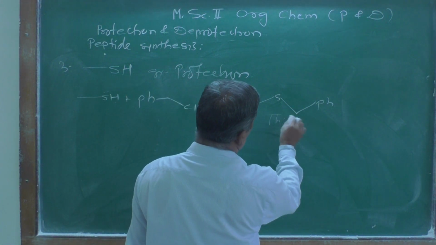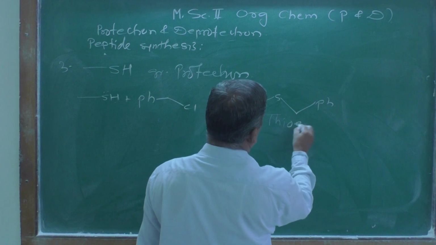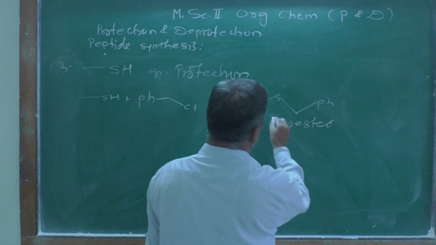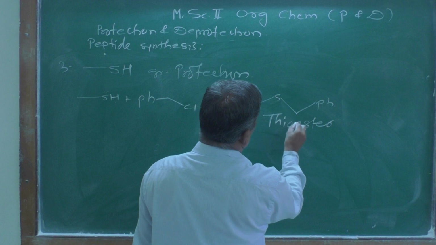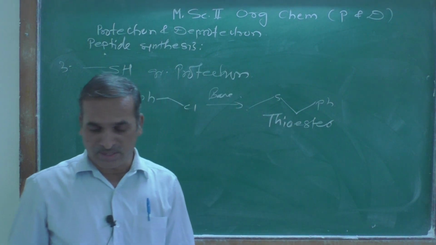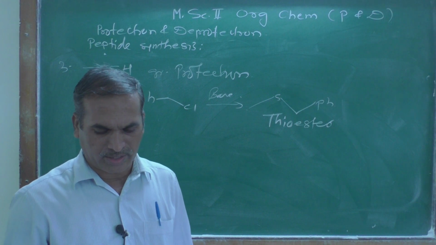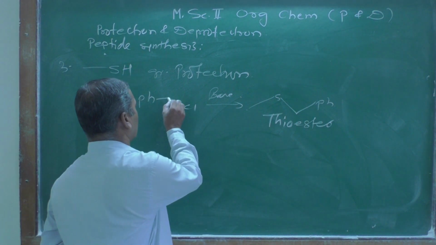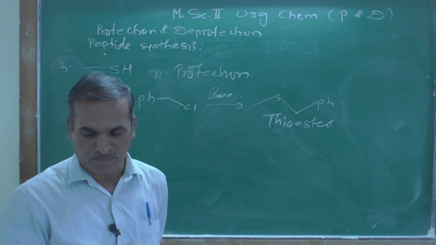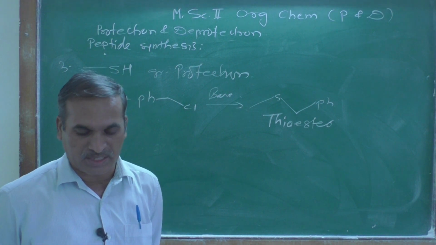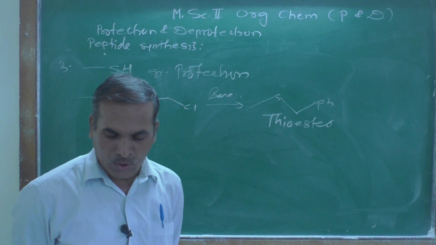The product formed is called a thioester. Instead of this, trityl chloride can also be used for the protection of this thiol group.